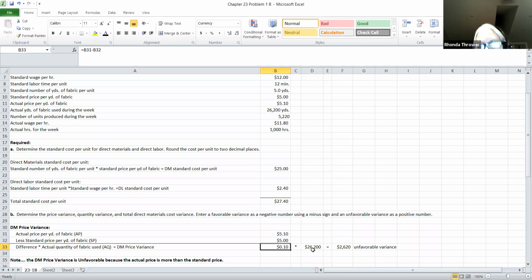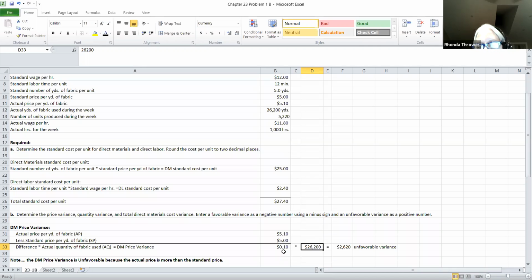I have to multiply this by the actual quantity of fabric used, and that's given. The actual quantity of fabric used is 26,200 yards. So that's where I'm getting this amount right here. I'm just plugging it in.